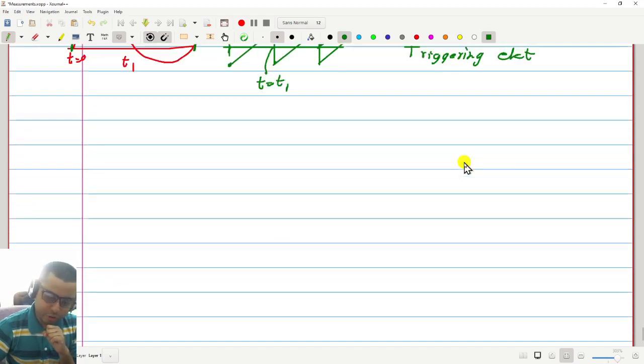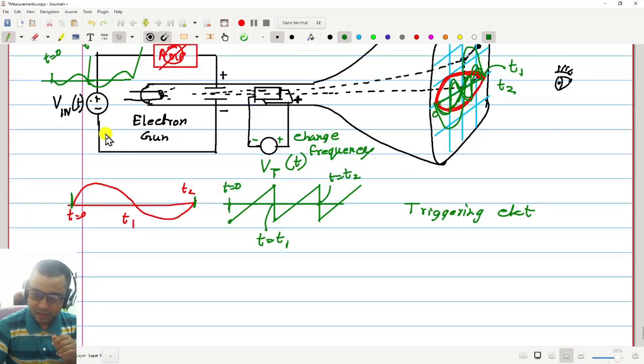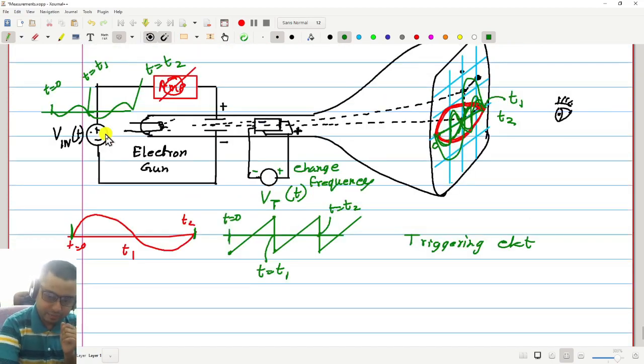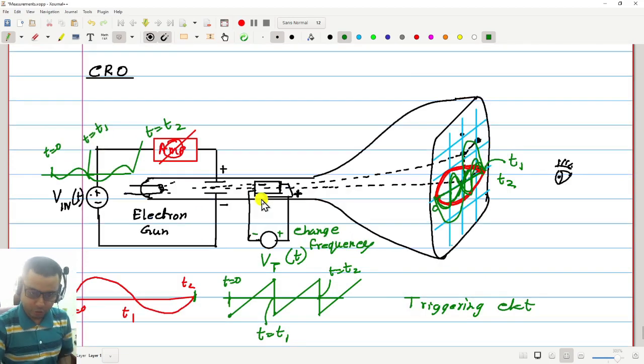Now in an oscilloscope, there is one more thing we can do. Suppose instead of applying this sawtooth waveform between the horizontal plates, here also I apply another unknown input voltage.